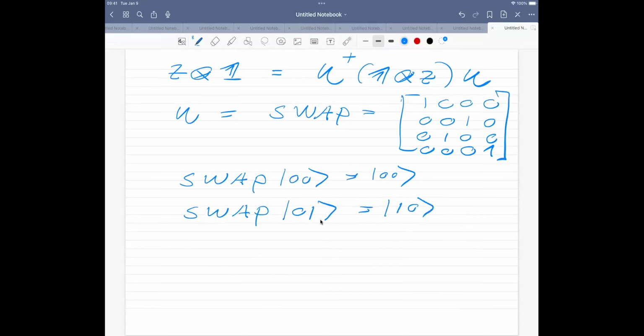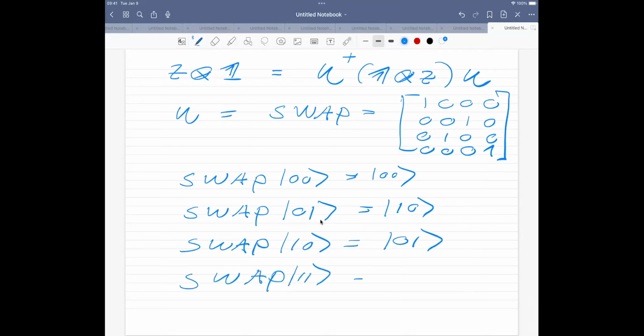That's why it's called a swap matrix. When the bits are the same, 0, 0, they just stay 0, 0. And if I act on 1, 0, that swaps 1 and 0 again, and I get that one. And that is equal to 1, 1.